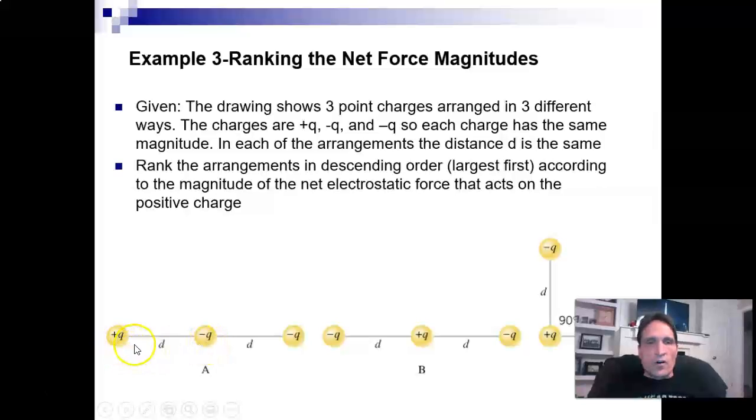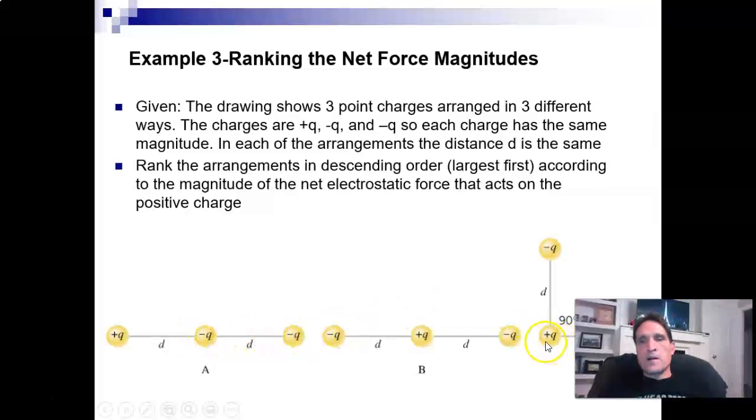The plus charge will also experience an attractive force due to this other negative charge, and the separation between that is d plus d, which is 2d. So it will experience 2 attractive forces, which will be pulling it to the right. One of them has a separation d, and one of them has a separation 2d.